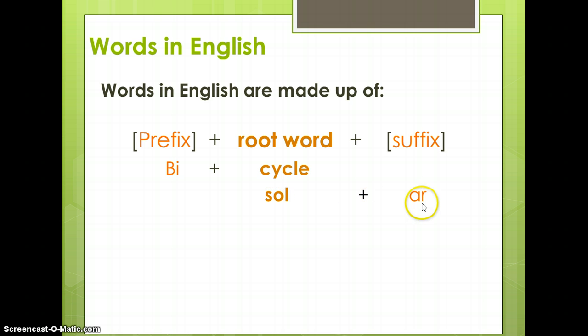So a solar heater is a heater that works by the sun. Or something like regenerate: gen, to create life, re, again, and this ate is a grammatical suffix or ending, so that we have regenerate, to make something grow or live again.